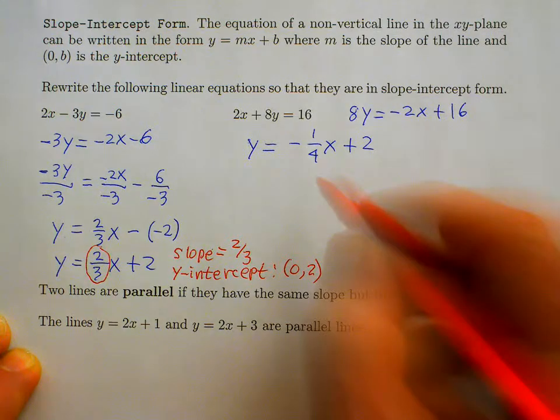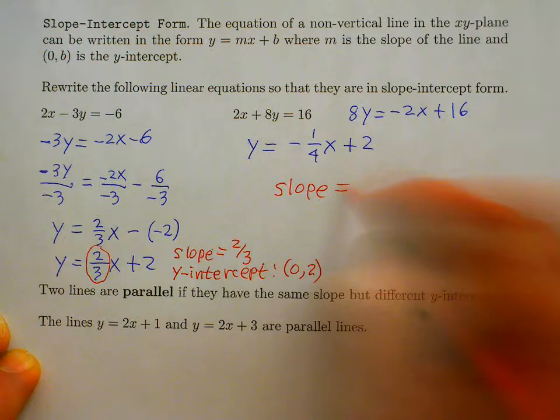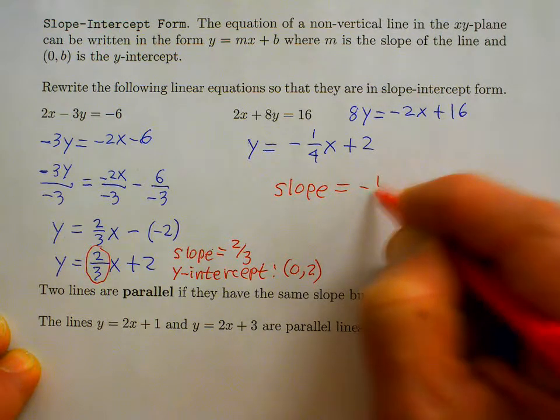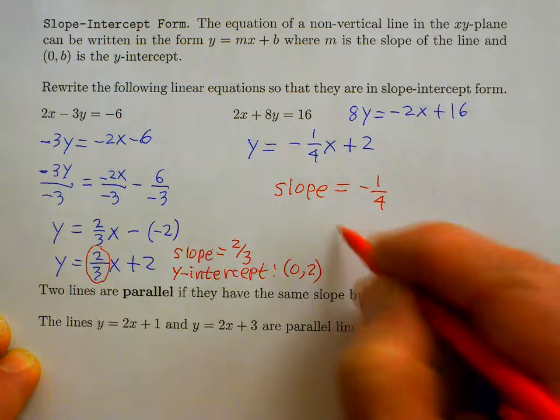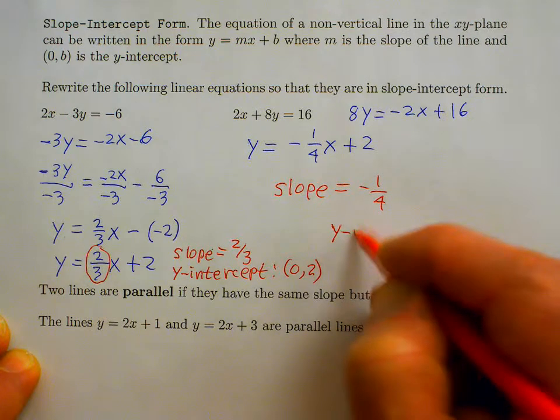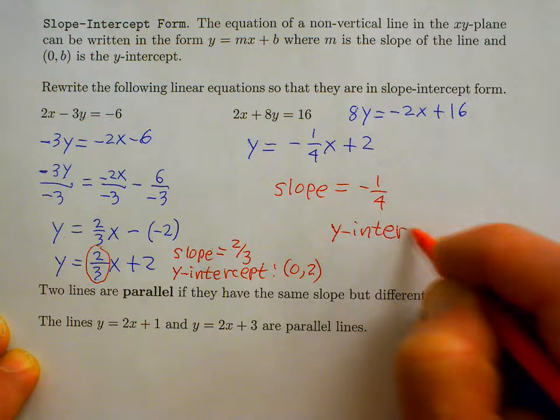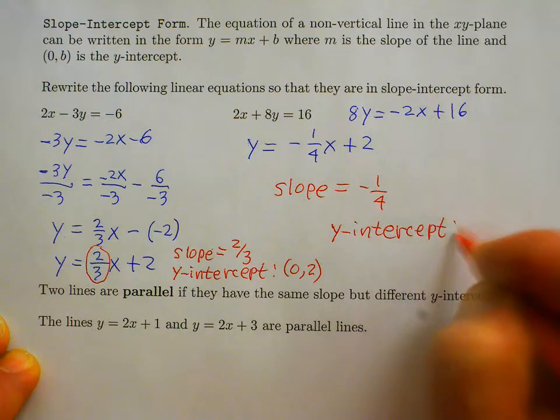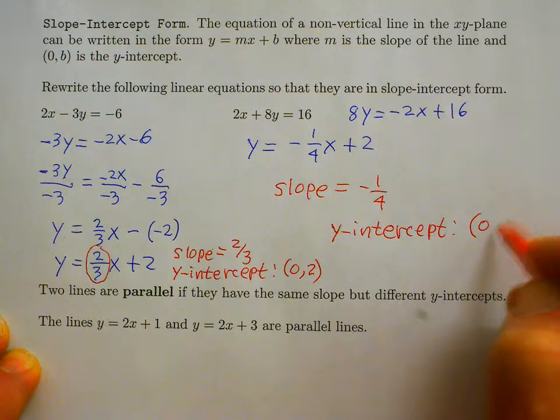So the slope of this line is negative 1/4. And the y-intercept is the same as the previous one, but that's okay. The y-intercept is the ordered pair 0, 2.